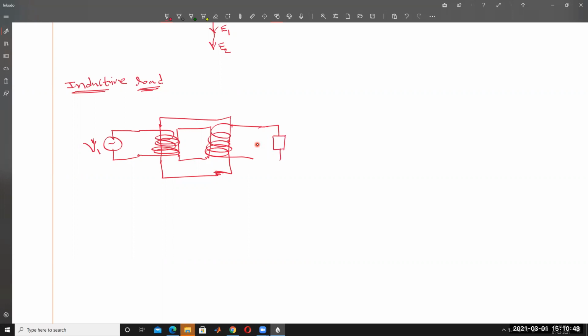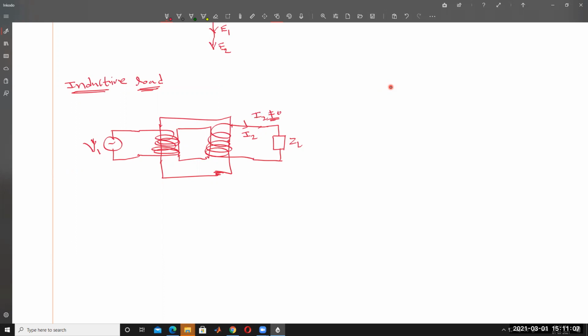This is called the load ZL. An inductive load is nothing but R plus jX, maybe a combination of resistance and inductance. Here the secondary current I2 is not equal to 0, because a load is connected.